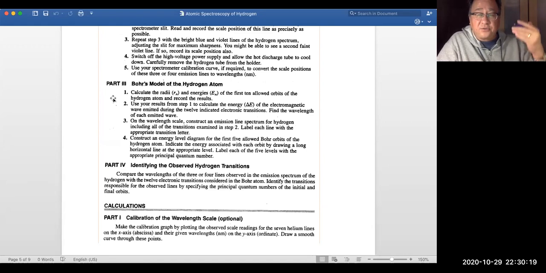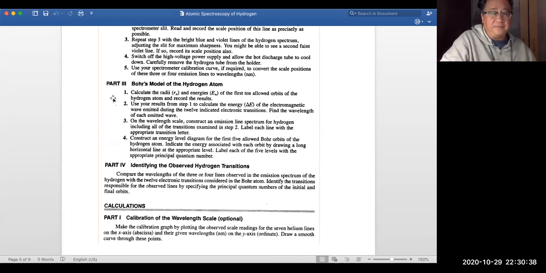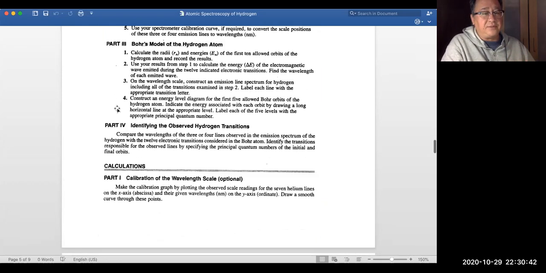Those are called transitions when you go from one orbit to another. And then we're going to calculate the wavelength that is associated with each of those transitions. And then we're going to draw an emission line drawing, and then we're going to draw an energy level diagram, and then we're going to draw a radius diagram. Okay, so those are going to be the calculations that we're going to be doing.